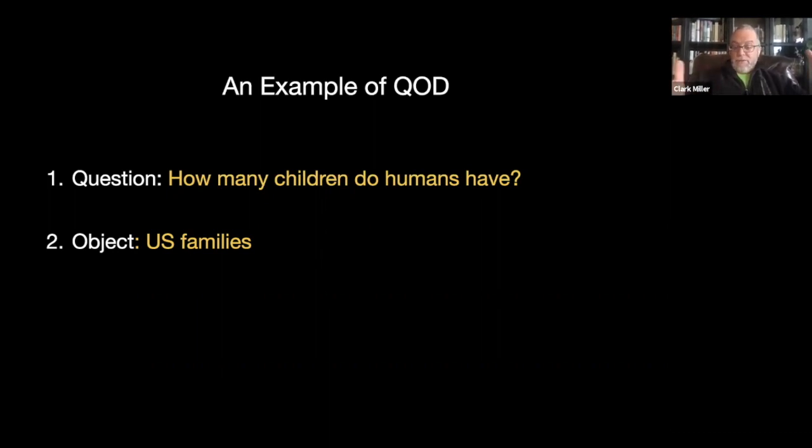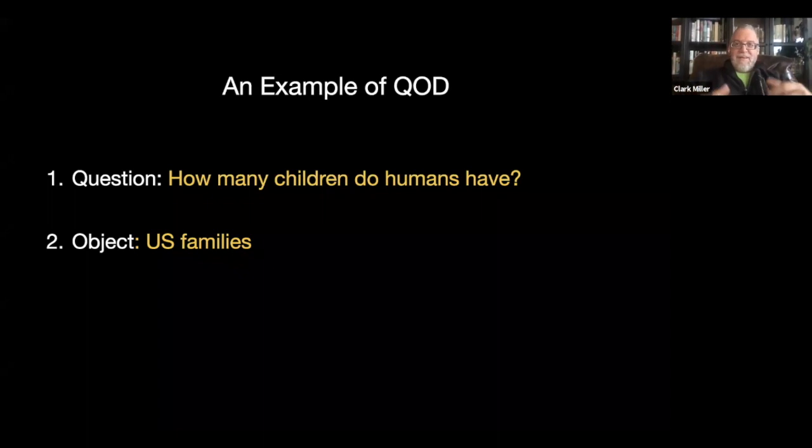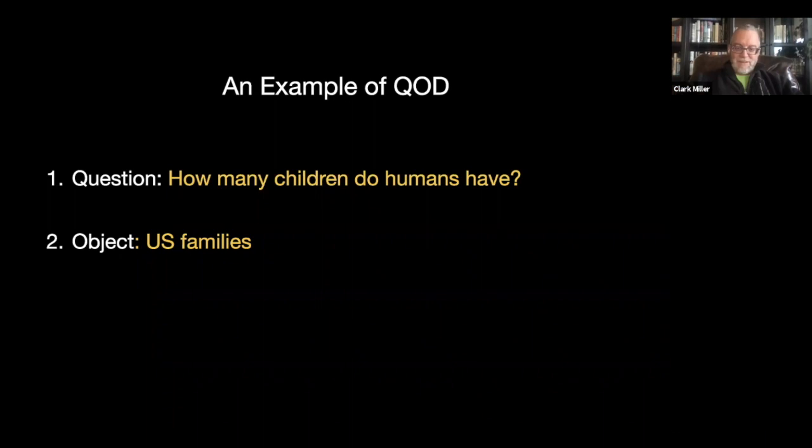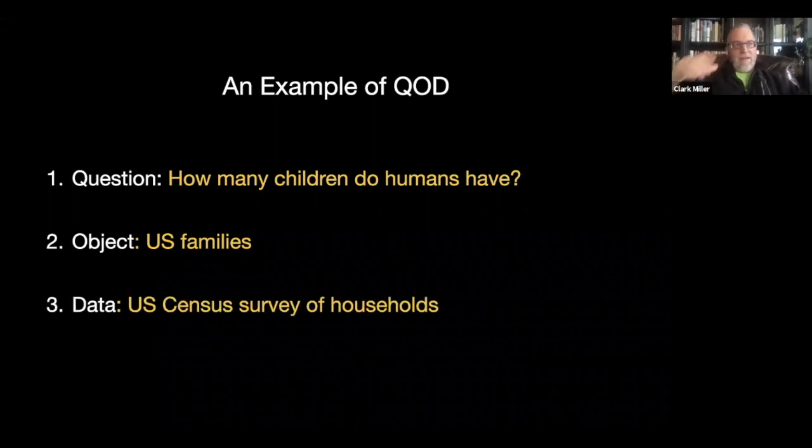And then, although obviously, in American politics in the 21st century, the question of what counts as a family is on the table, we can already begin asking questions about the object. So we've got to figure out what that object is that we're looking at, right? And then it turns out that the U.S. Census, in their regular surveying of U.S. households, asks questions about the number of children living in each household, right?